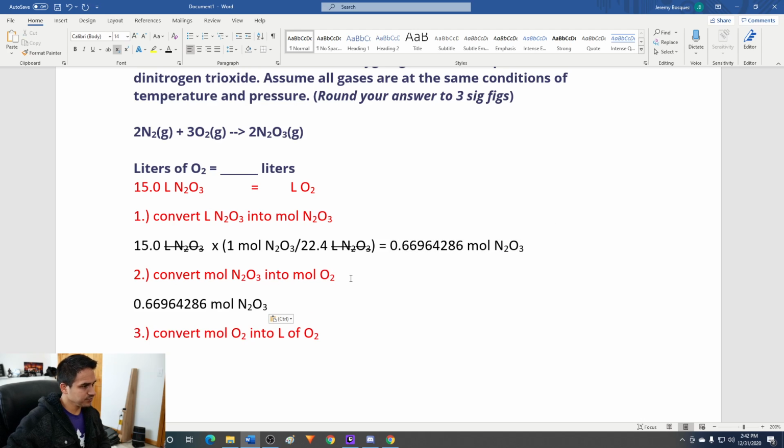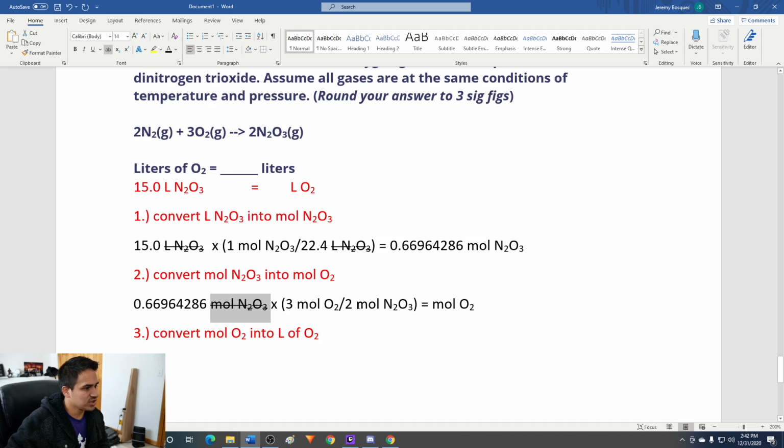Then from here, we're going to convert moles of N2O3 into moles of O2. To do that, we'll need to look at the mole ratios in the reaction. So it looks like for every 2 moles of N2O3 that we make, we are going to need 3 moles of O2. So it's a 2 to 3 ratio. So 3 moles of O2 on the top and 2 moles of N2O3 on the bottom, because we want our moles of N2O3 to cancel because that's what we are starting with.